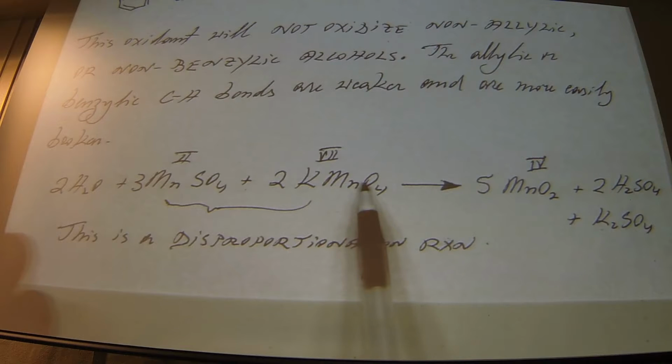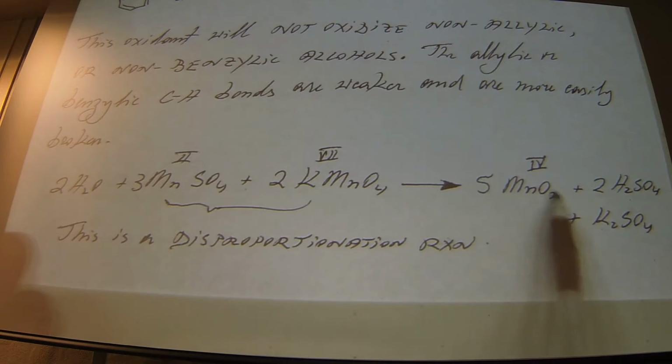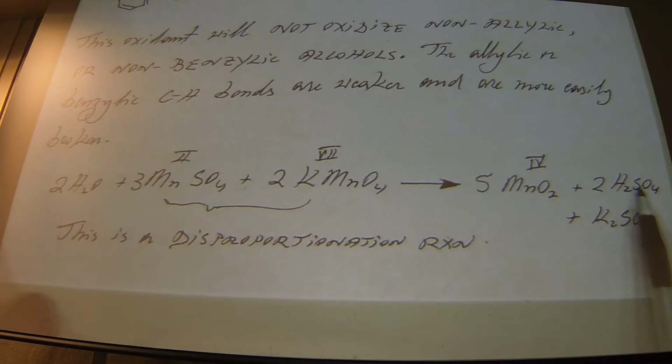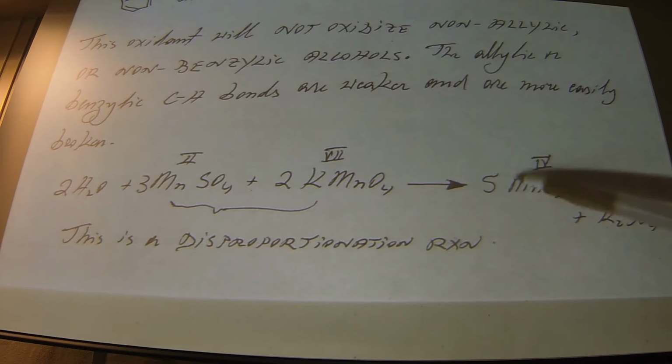And you combine these, and you end up with, so 3 to 2, and you end up with 5 manganese dioxide. Now, this stuff precipitates. Potassium sulfate and sulfuric acid is water soluble, and so you end up with an aqueous solution of salt and sulfuric acid, throw that away, and then you collect this stuff.